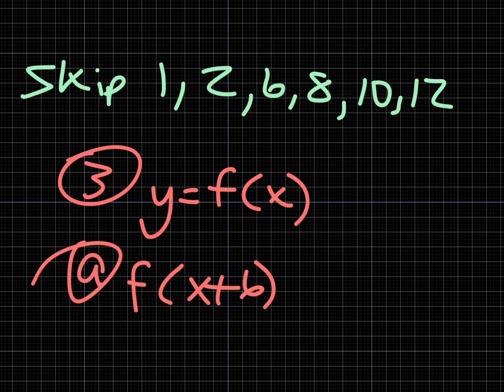So how does this move the graph? Don't overthink this, it's super easy. Right 6. Nope. Even I just did it. It feels like it should be to the right 6, but it's on the inside, so it's left 6. So easy to make that mistake. There we go.